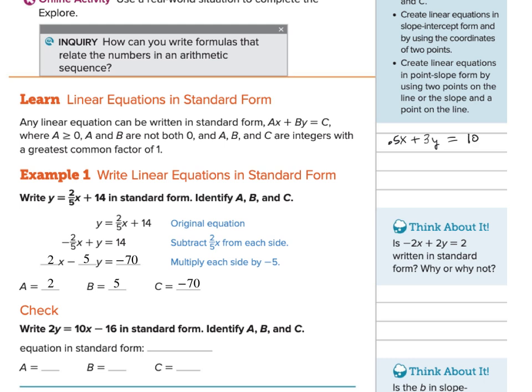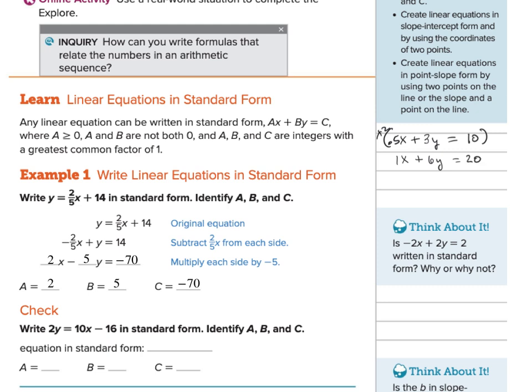Why not? It has to be an integer, and 0.5 isn't an integer. To make that an integer, I can multiply everything by 2, and then this becomes 1x plus 6y equals 20.